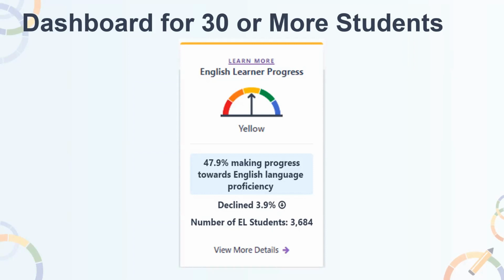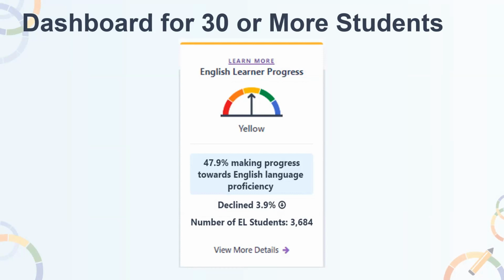Finally, we want to go through what the accountability insights thresholds are and how they will be displayed on the 23 dashboard. We'll use LP as our example. If the N size is 30 or more students in the denominator, then the LP rate is reported on the dashboard along with status and change. In the first sample card, the LP displays yellow performance level or color with the gauge pointing to the yellow color and the yellow along the top border.